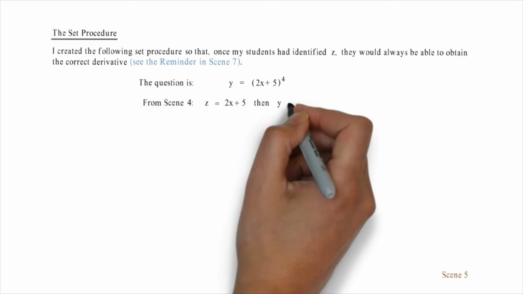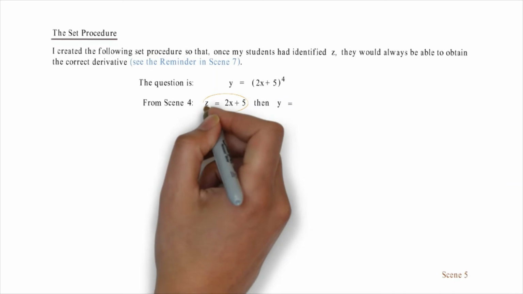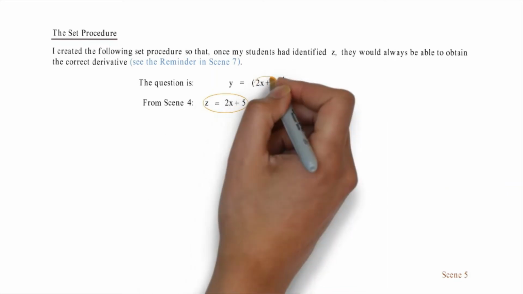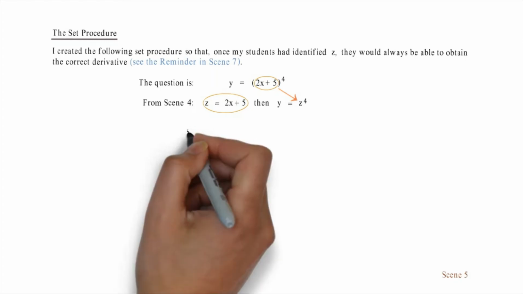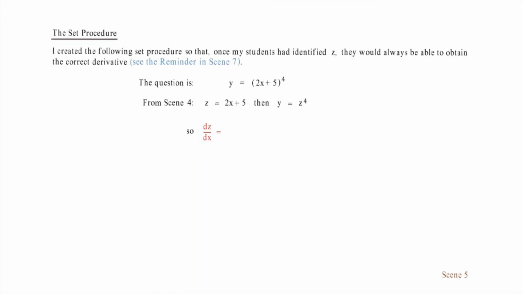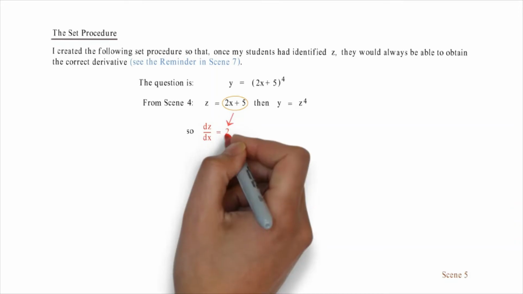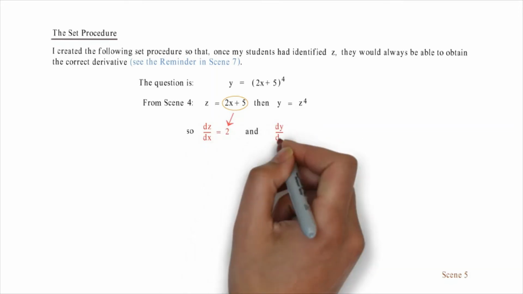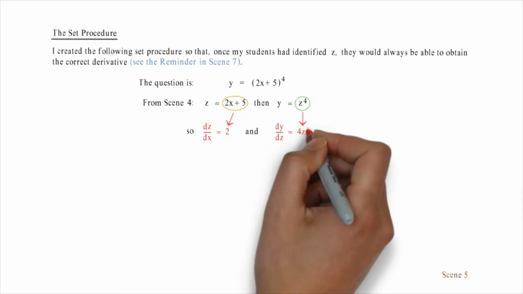Then y equals, since z equals 2x plus 5, (2x plus 5) to the fourth becomes z to the fourth. So dz by dx equals the derivative of 2x plus 5, which is 2, and dy by dz equals the derivative of z to the fourth, which is 4z cubed.